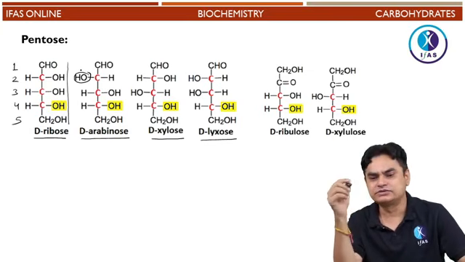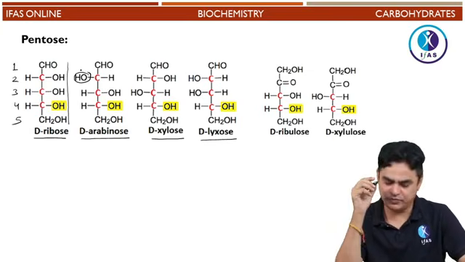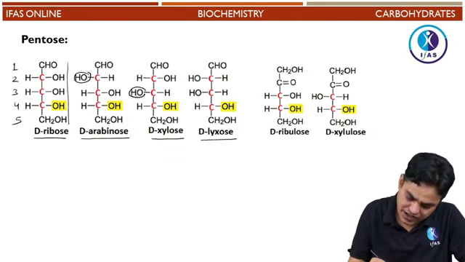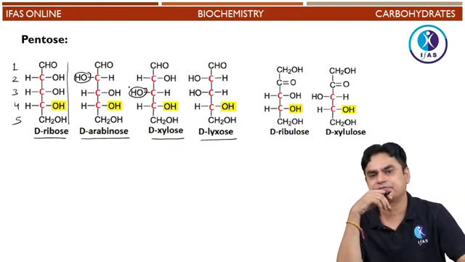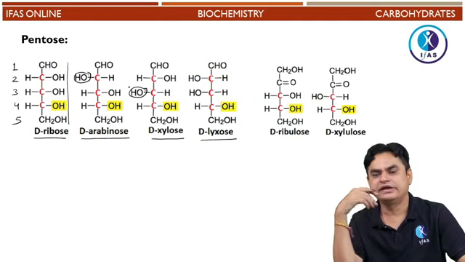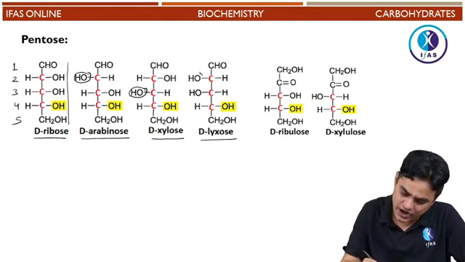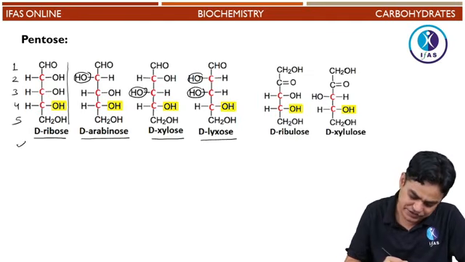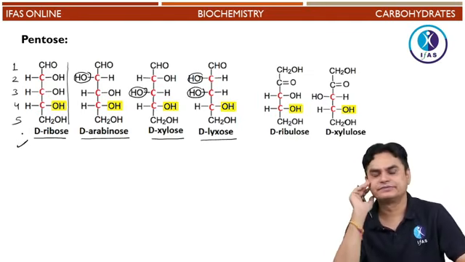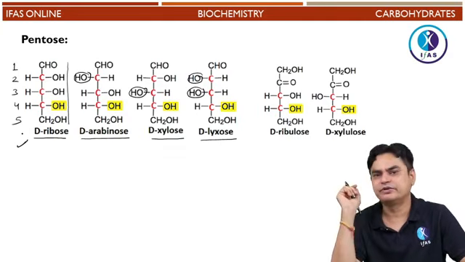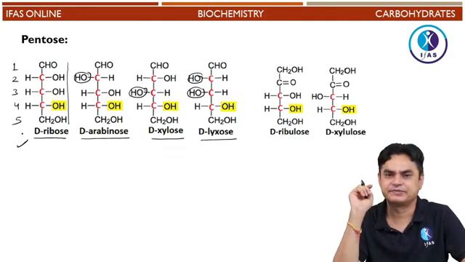In xylose, the OH group at carbon 3 moves to the left side. In lyxose, carbon 2 and carbon 3 both move to the left side in comparison to D-ribose. Again, we do not have to remember the structures.